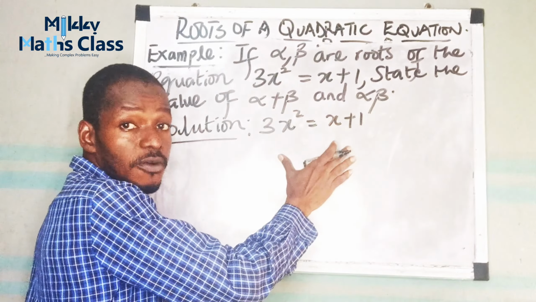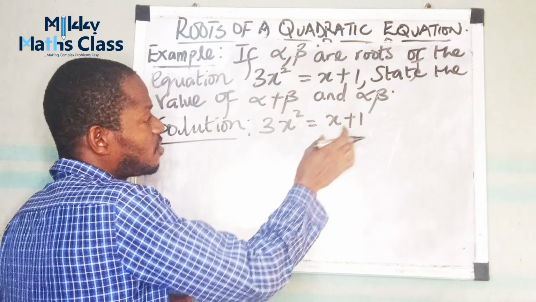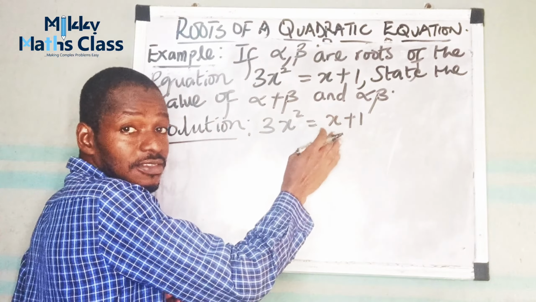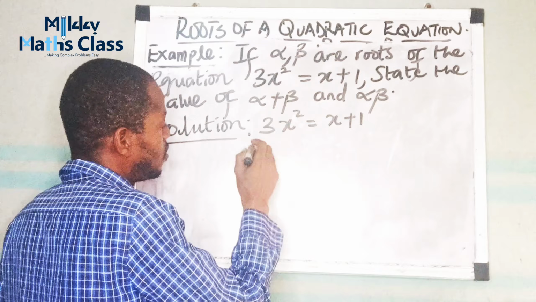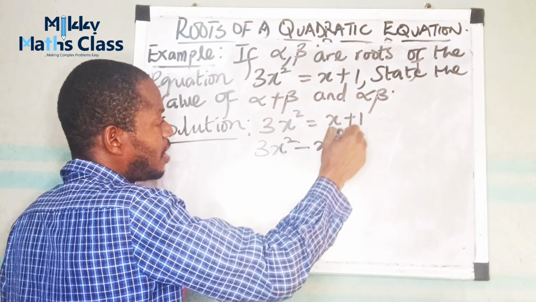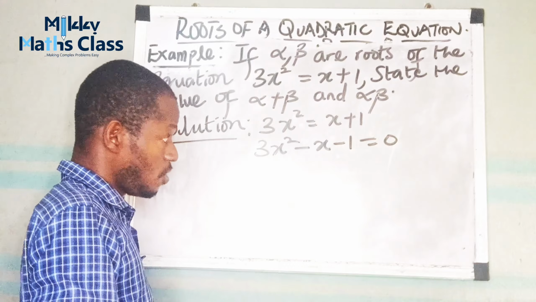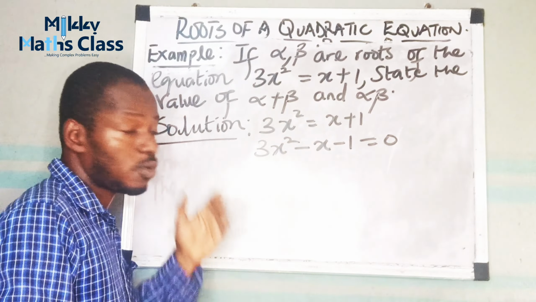Let's put it in the form of ax squared plus bx plus c equals 0. So the first thing is you subtract x and 1 from both sides. So it becomes 3x squared minus x minus 1 equals 0.